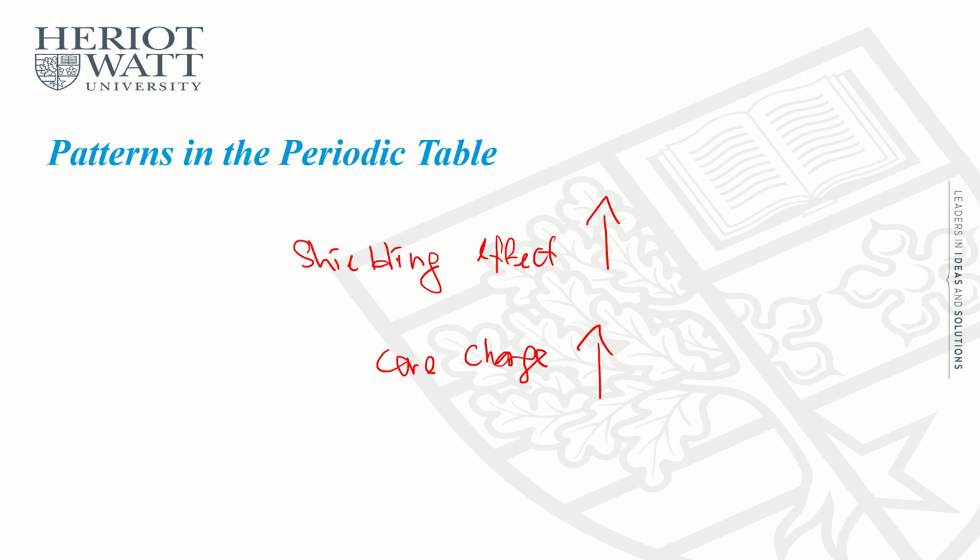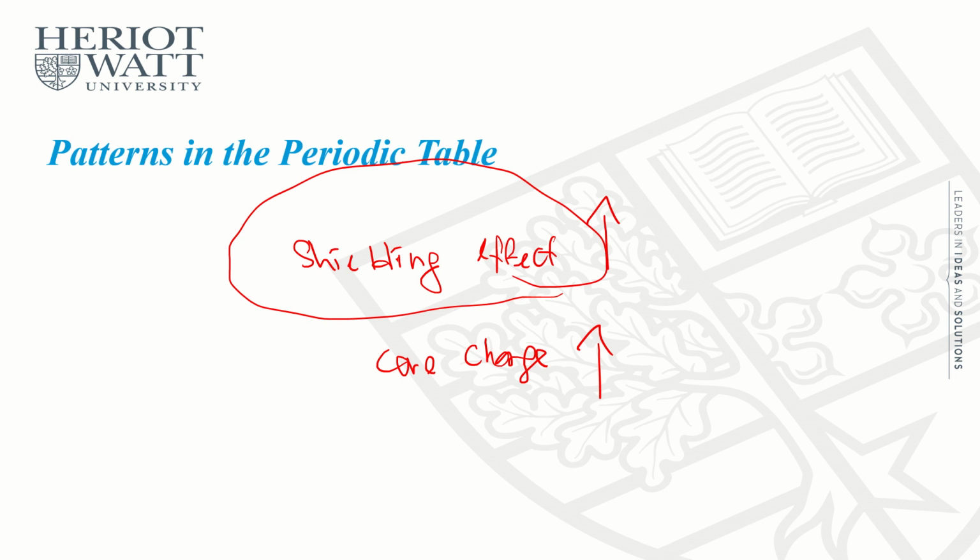When an element has increasing shielding effect and increasing core charge, there are stronger attractions but also greater repulsions, and we consider only the shielding effect because, as I said, this is dominant. So when shielding effect increases, regardless of whether core charge increases or stays the same, the atomic radius will increase.